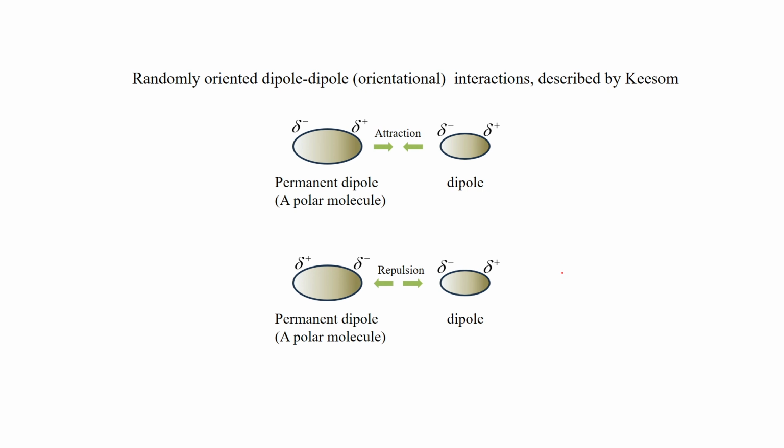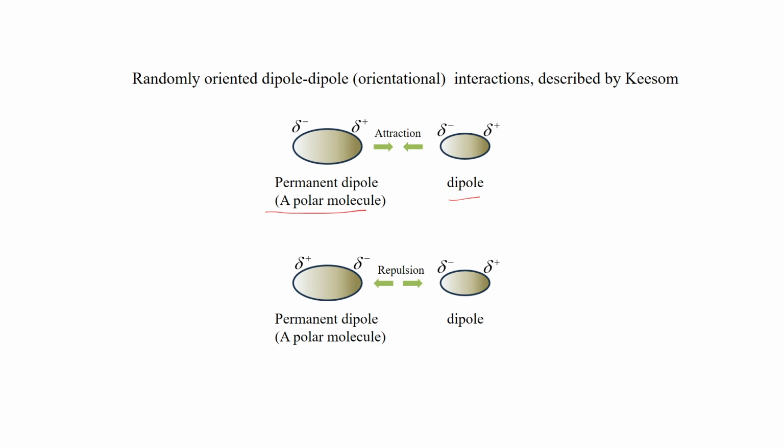Let us say there is a permanent dipole, like the H2O that I mentioned, and then there is another permanent dipole. When there are two dipole molecules like that, there are dipole-dipole interactions. These are permanent dipole with permanent dipole attractions, and when a positive charge interacts with a negative charge, there is attraction, and when negative and negative come closer, there is repulsion.